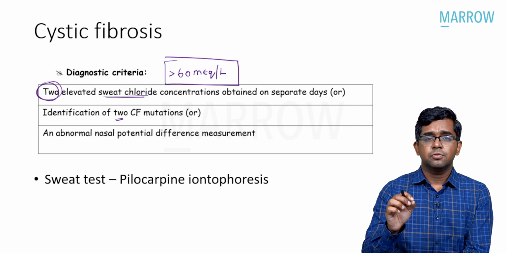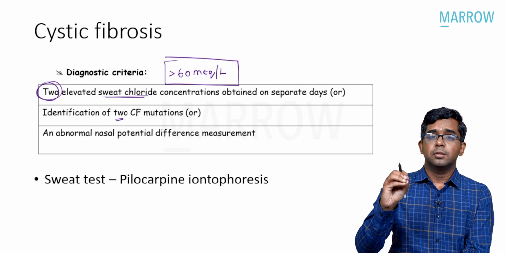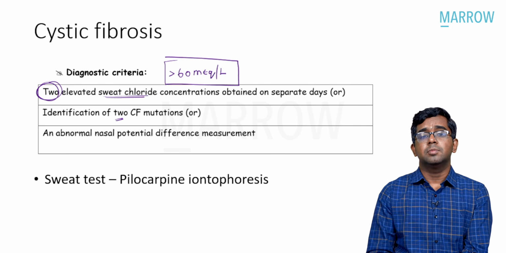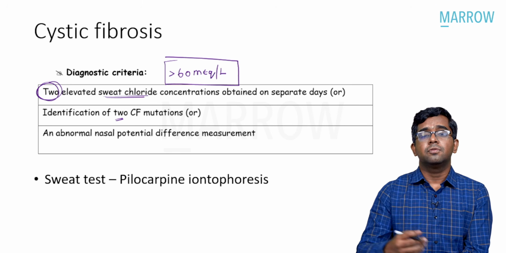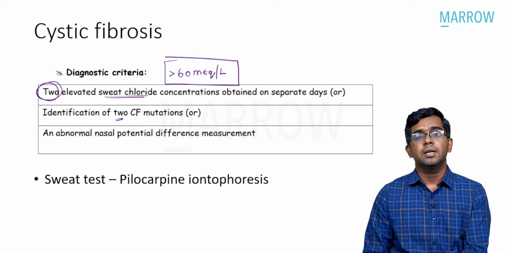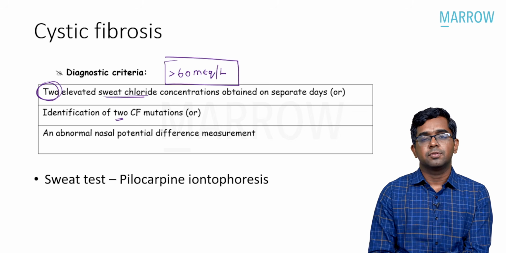Iontophoresis means usage of an electrical current to push the pilocarpine into the skin area where the sweat glands will be stimulated. Following that, sweat will be produced, which you can use for estimation of sweat chloride. That is the process of pilocarpine iontophoresis for sweat chloride estimation in the diagnosis of cystic fibrosis.